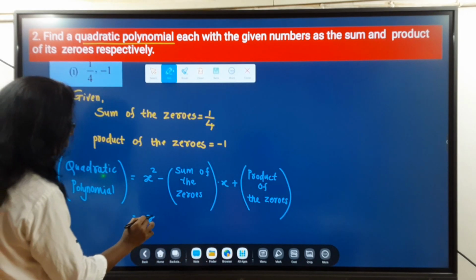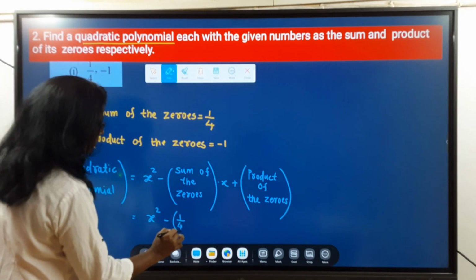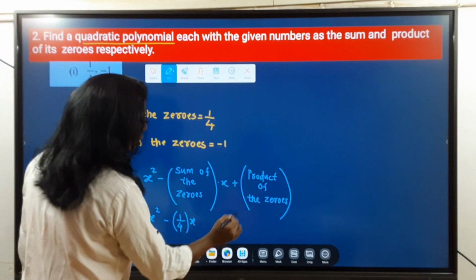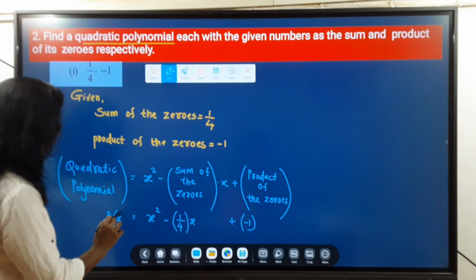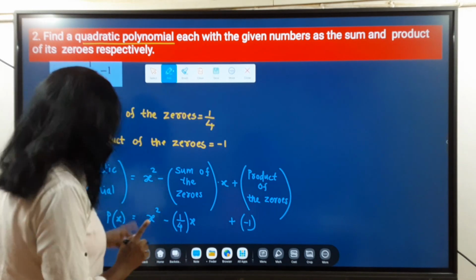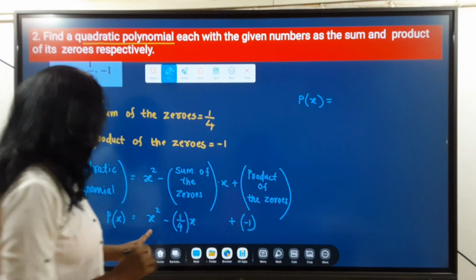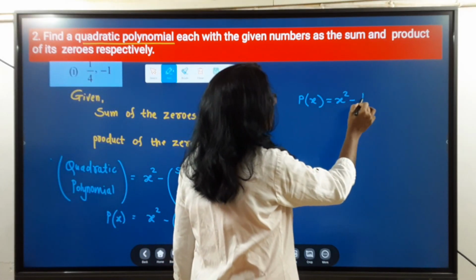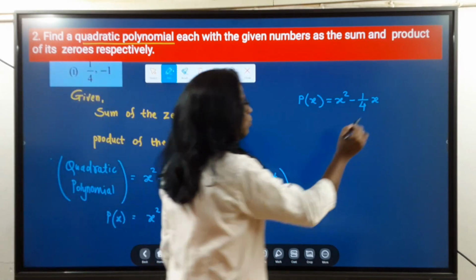Then students, substitute the values in this formula. So x square minus sum of the zeros, that means 1 upon 4 multiply x, and product of the zeros, that means minus 1. And here we write p of x, the polynomial in the variable x. So p of x is equal to x square minus 1 upon 4x minus 1.